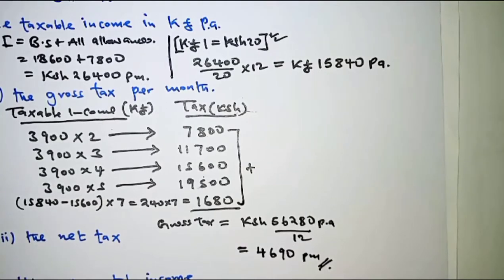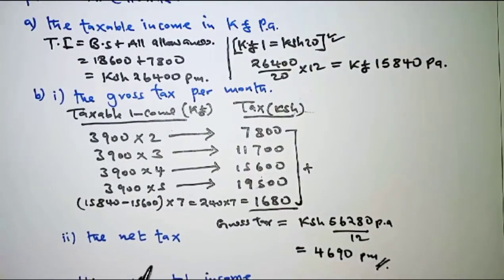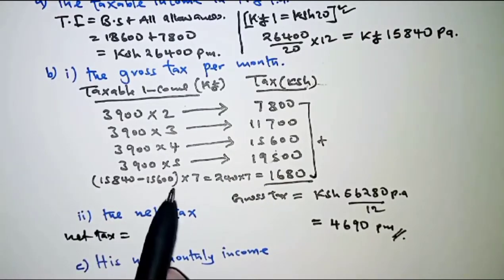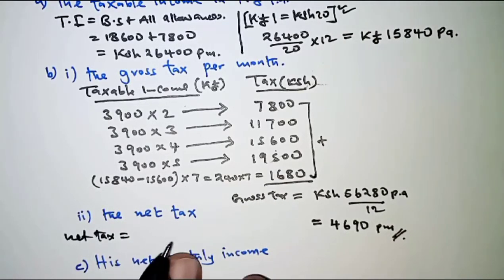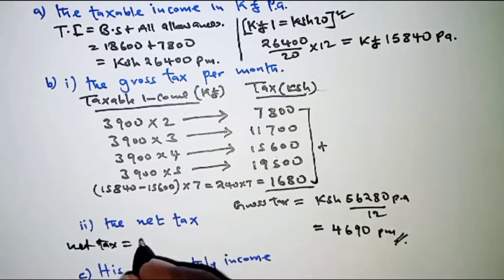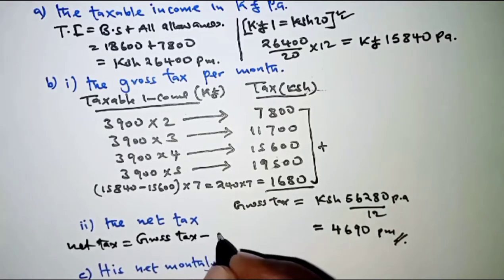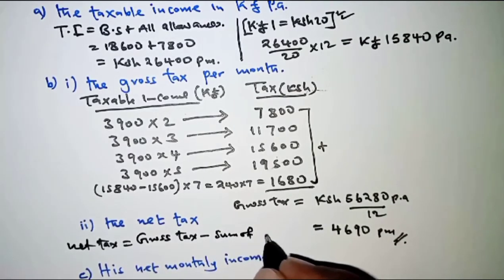So with that, we can now look at the net tax. You simply take the gross tax minus sum of reliefs. So we have gross tax less sum of reliefs.